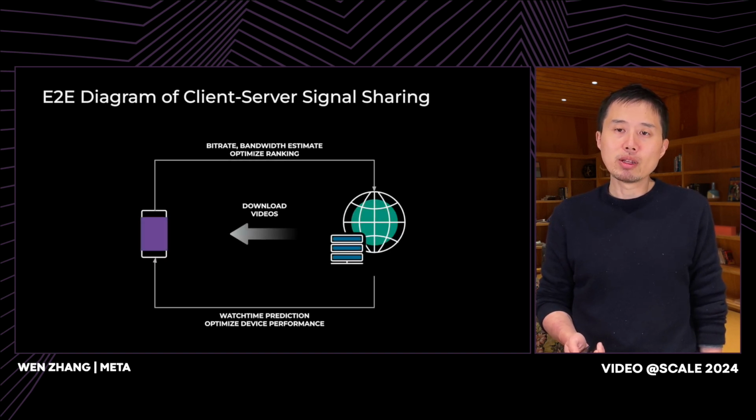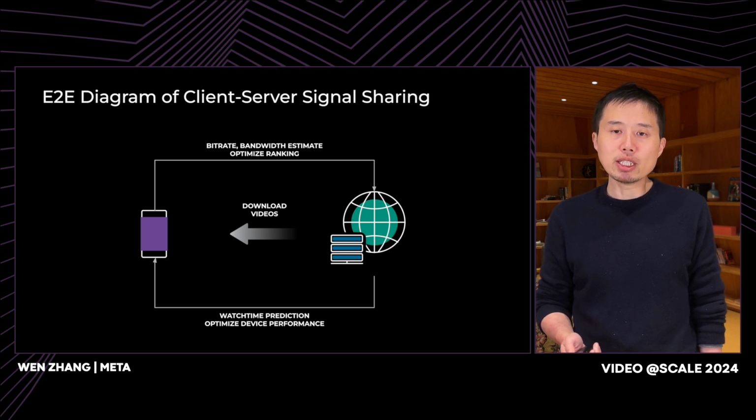As a summary, we have a bidirectional signal exchange system at Meta to ensure a mutually beneficial relationship between device strategy and ranking system. The client is sending device health signals to the server. The server leverages those signals to optimize video recommendations.